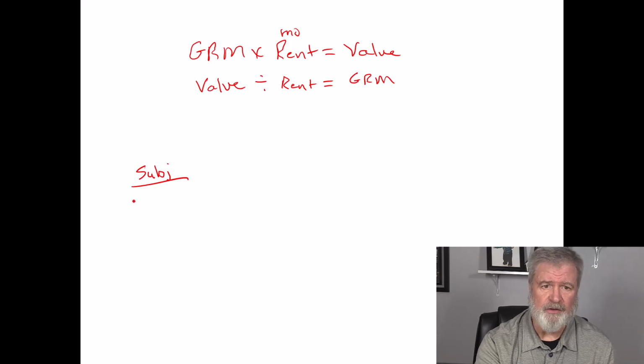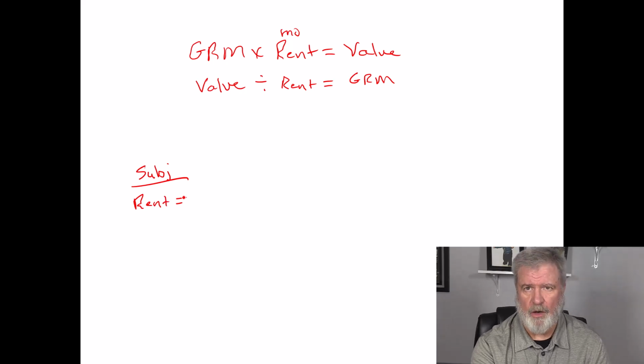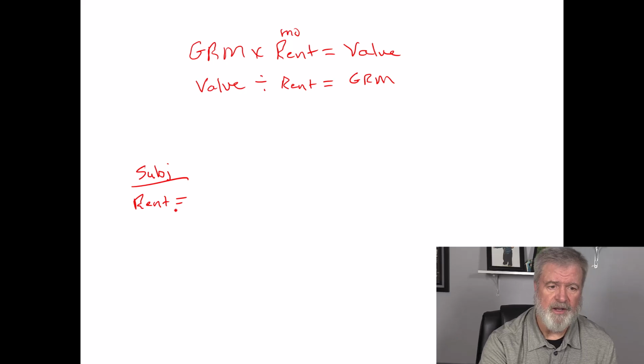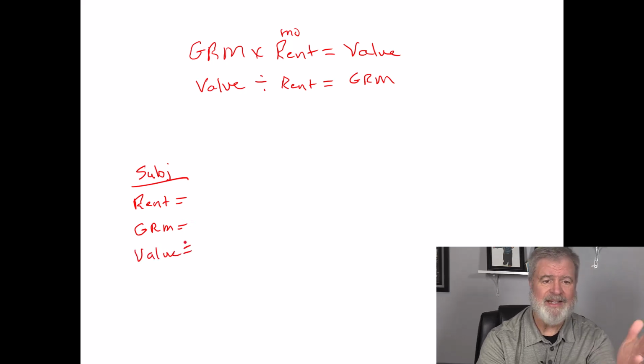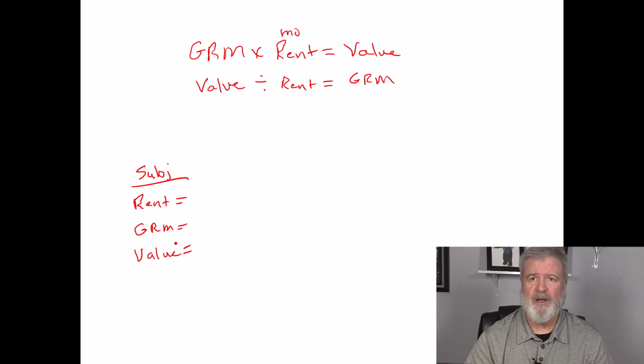We're trying to find the value. So if I'm trying to find the value, I know I need the rent. What does it rent for? Now, you would get that from the owner again. What are they renting it for? Monthly rent. Then I got to know the gross rent multiplier, and then I can figure out the value. Y'all, I write that down just like that on my scratch paper. It just works for me.